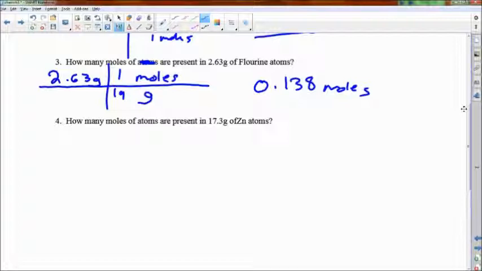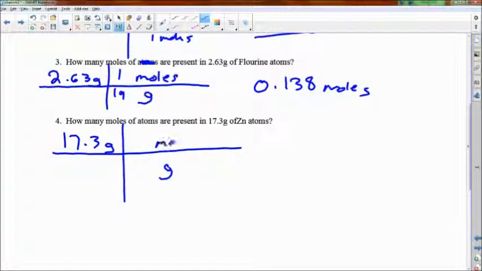Okay, number 4, same basic type of problem. 17.3 grams, except now we're talking about zinc. We still have grams on the top, moles on the bottom. But zinc's molar mass is 65.38. Oops. Now I went and put that in the wrong spot.